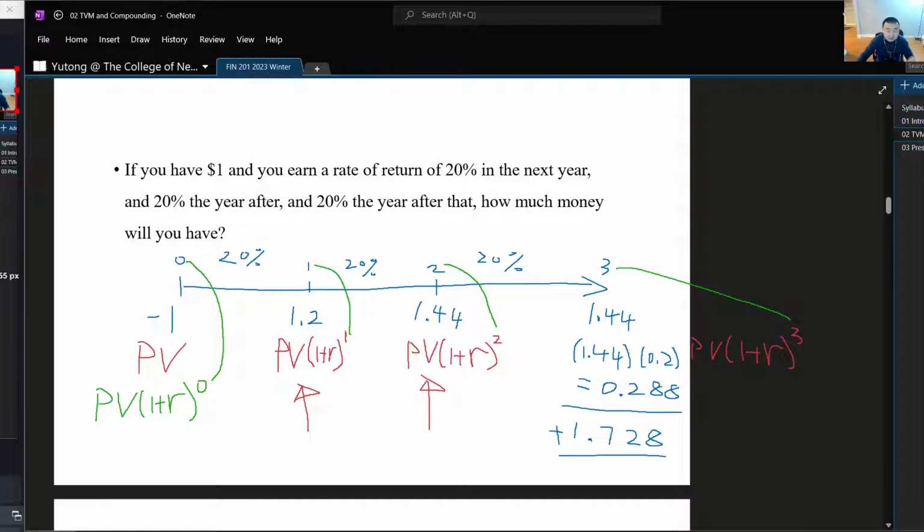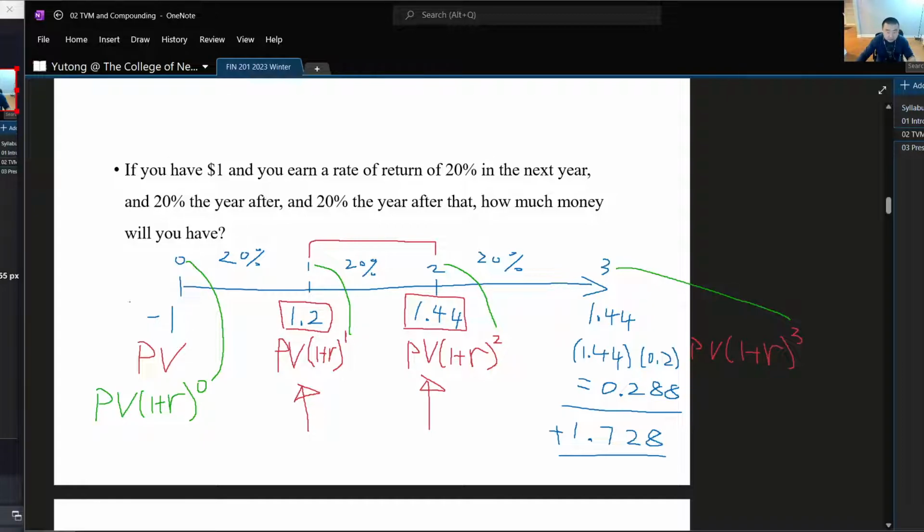So if you look at these two, at the end of year 1, which is the beginning of year 2, so this horizon, right? At the end of year 1, which is the beginning of year 2, we are using the principal of $1.2 to calculate the year 2 ending value, right?